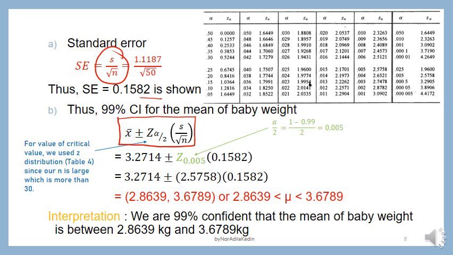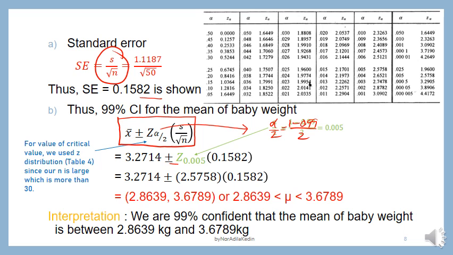So Z alpha over 2, alpha over 2, equals 1 minus 0.99, your CI, divided by 2. So that's why we get 0.005.